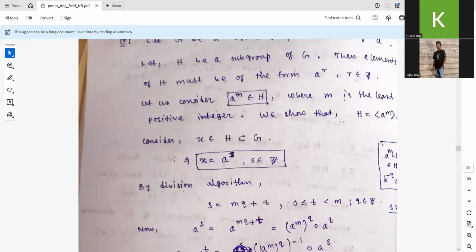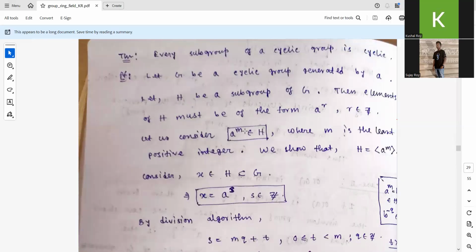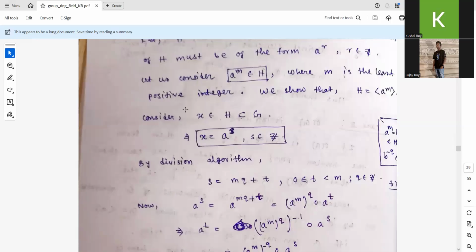Now let us consider any x belonging to H. We have to show that x is generated by a to the power m. Since x belongs to H and H is a subset of G, x must be of the form a to the power s, where s is an integer.